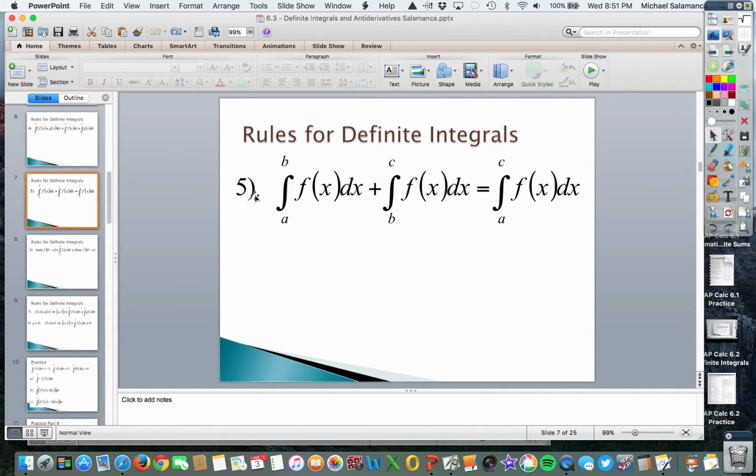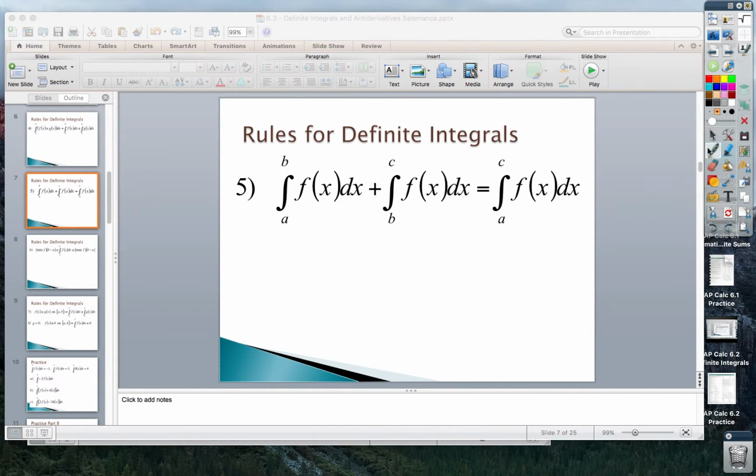Number 5, we have the integral from a to b of f of x dx plus the integral from b to c of f of x dx is equal to the integral from a to c of f of x dx.